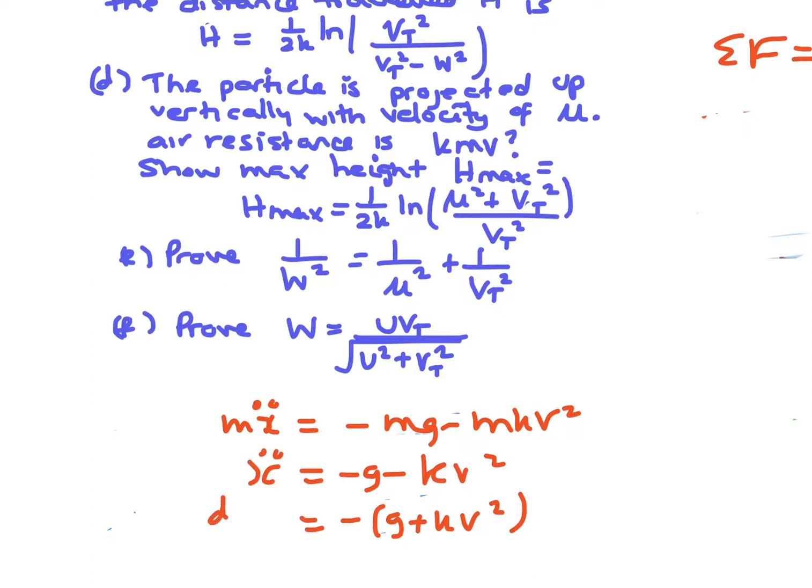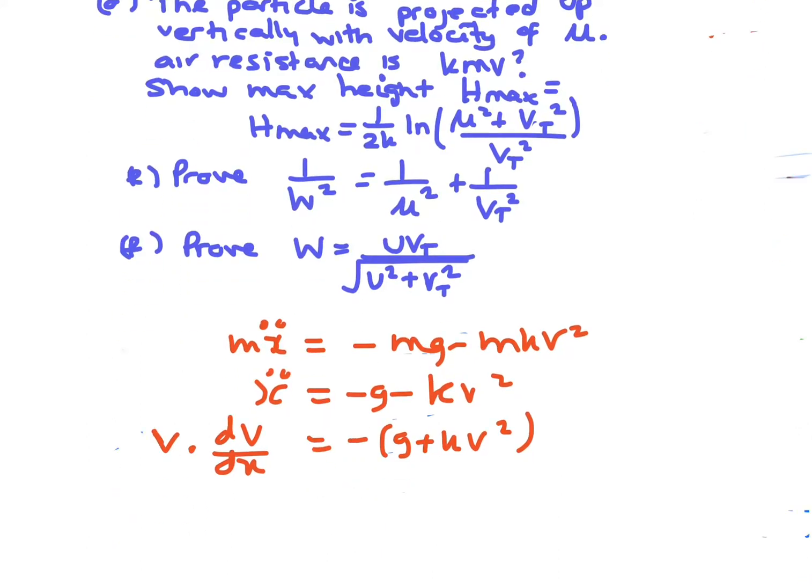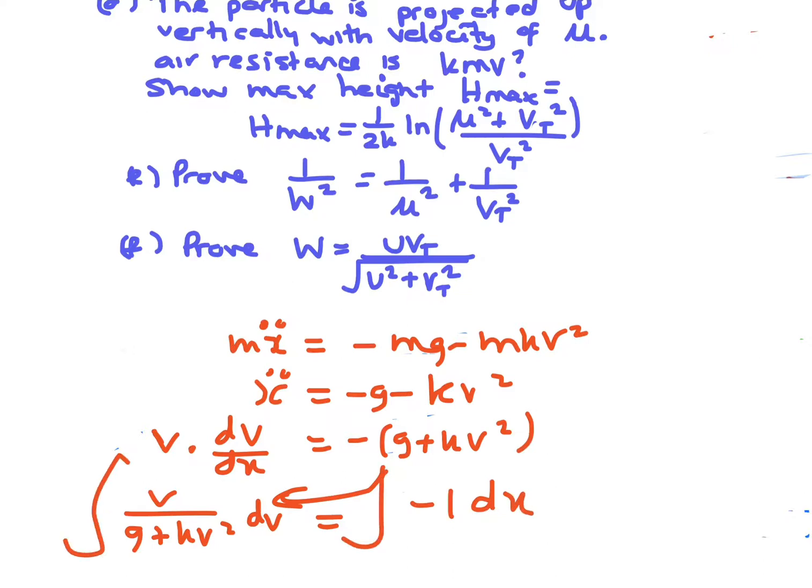And because I want to get the height, I'm going to use v dv on dx. So if you group the v's together, you get v on g plus kv squared dv equals minus 1 dx. Now when we integrate this, it starts at v equals u and finishes at v equals 0 when it reaches the max.